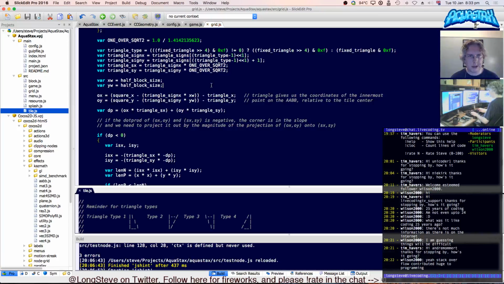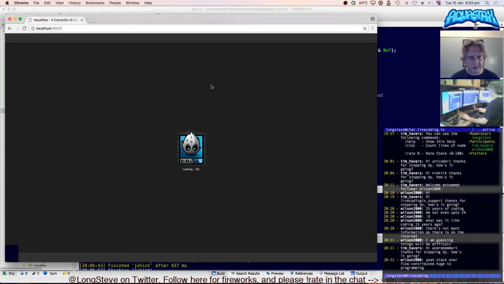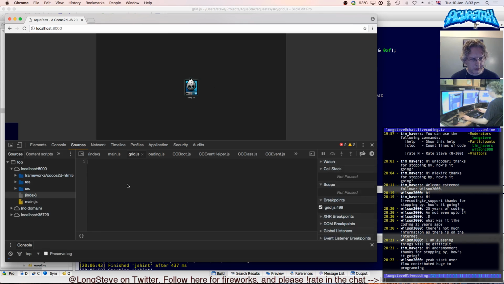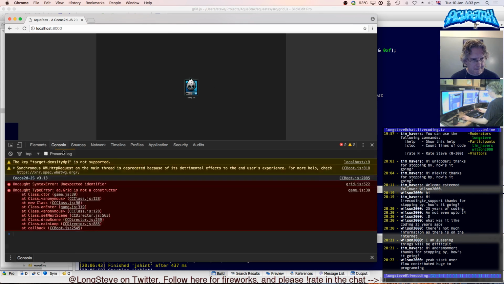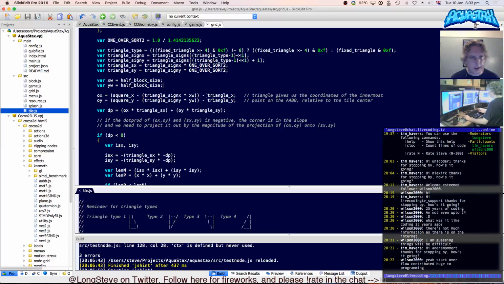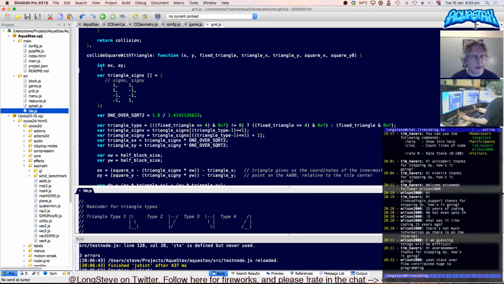Okay. See if it works. Nope. So aq.grid is not a constructor. What did I break? Unexpected. Oh, I've left an int in there somewhere. There they are.